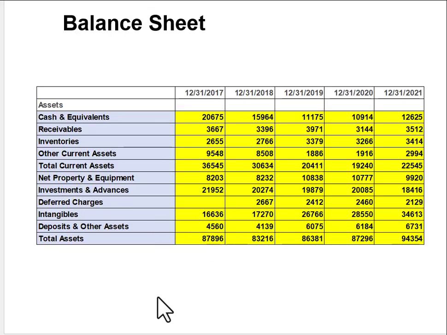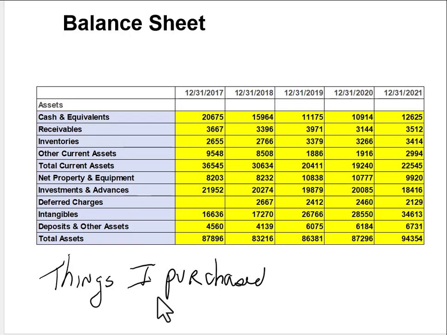Now, what I like to think about when I'm analyzing the company, when I'm looking for measures of performance or efficiency, you have to think a little bit differently than what maybe an accountant thinks, right? The total assets, the assets of the company, these are the things I purchased to run the company.